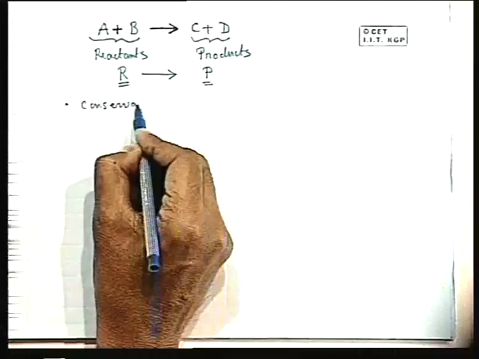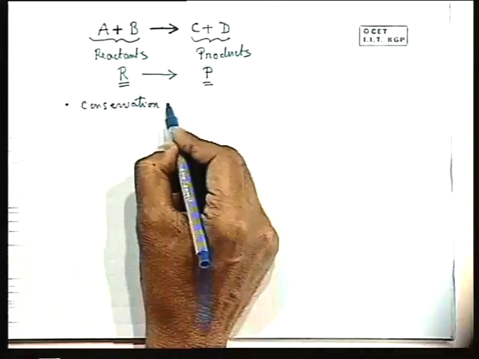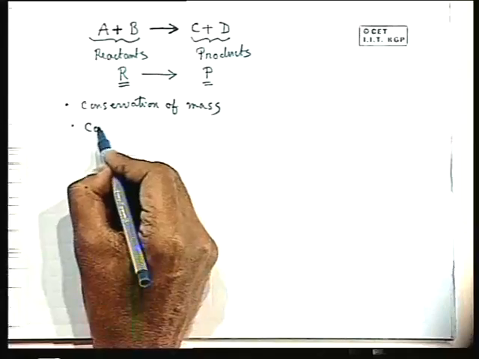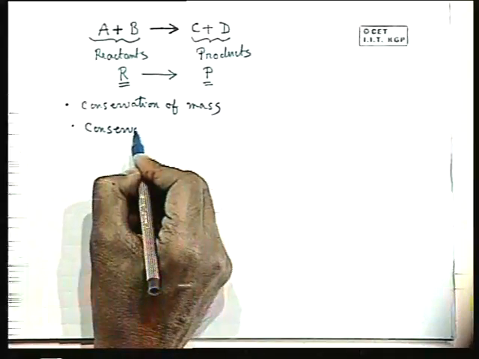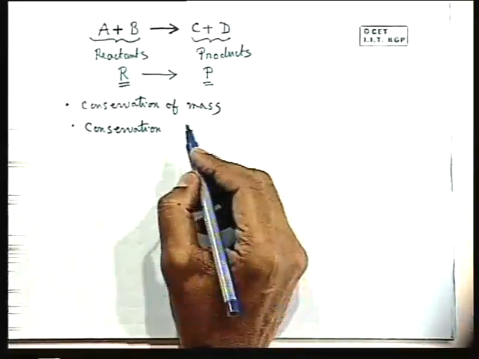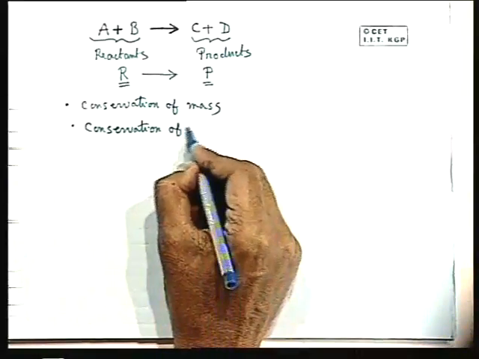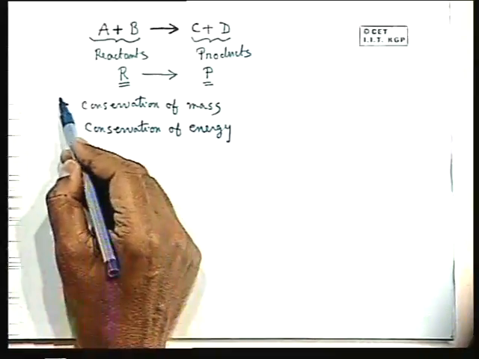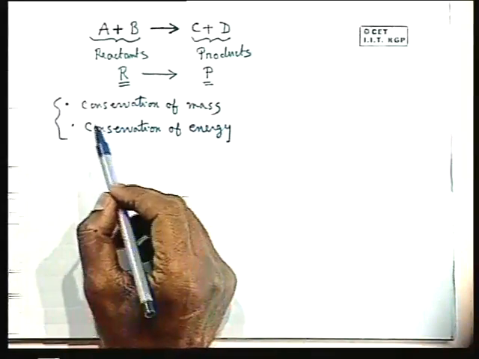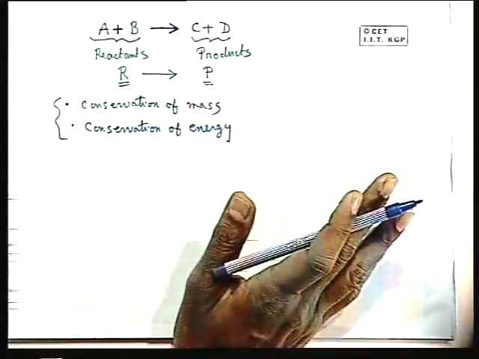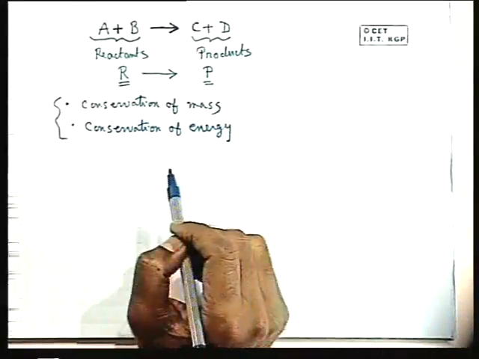They cannot violate the principle of conservation, mainly the conservation of mass and conservation of energy separately, since conversion from mass to energy and energy to mass is excluded. So, as we have done for other processes, for a chemical reaction also, conservation of mass and conservation of energy have to be obeyed separately.